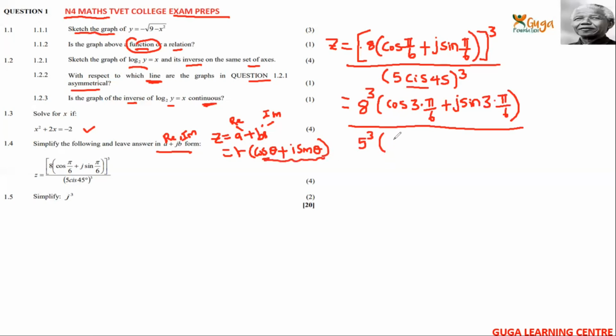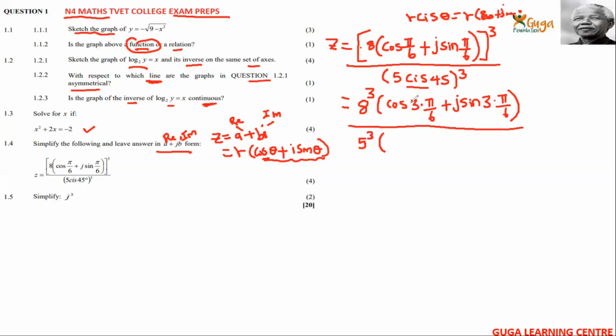So r cis theta is equal to r into cos plus sine, and then your imaginary part.